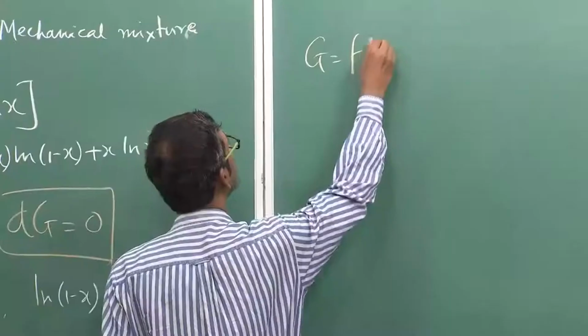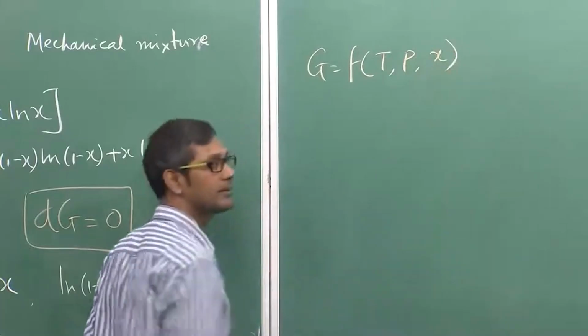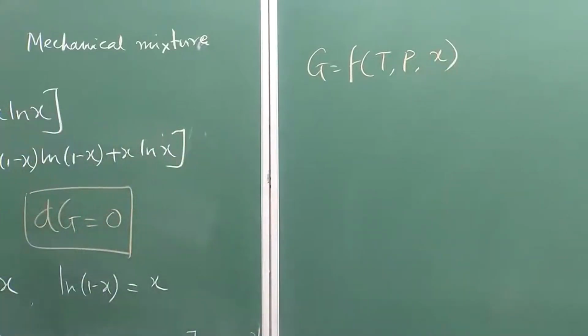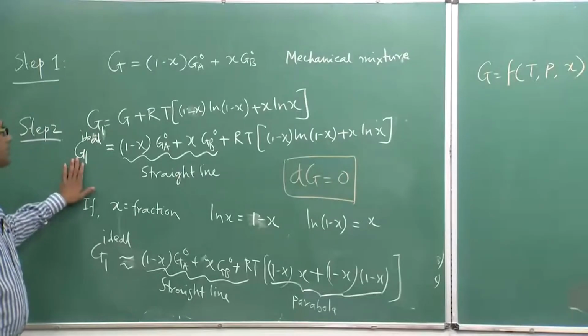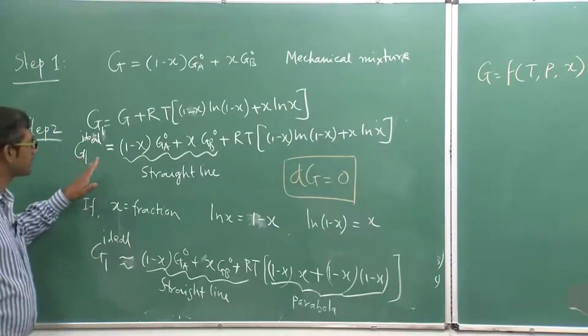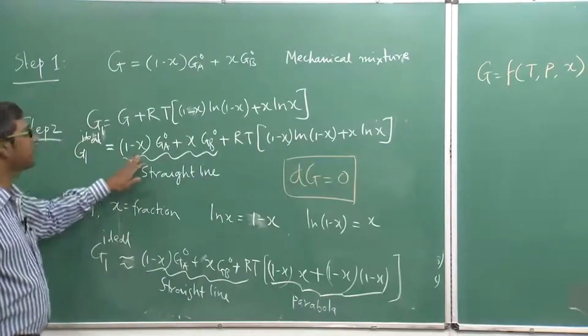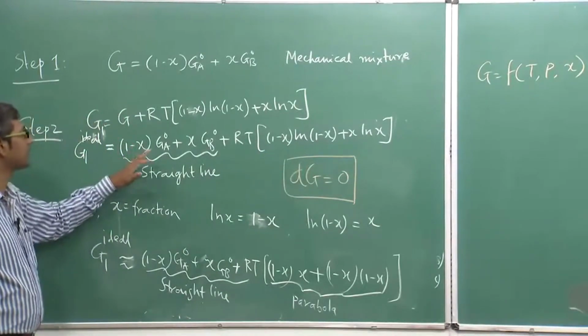G is a function of temperature, pressure and x. Am I clear? That is the complete picture of the free energy of any solution. That G is a function of temperature is very clear, composition also is very clear, as well as it will be a function of pressure.